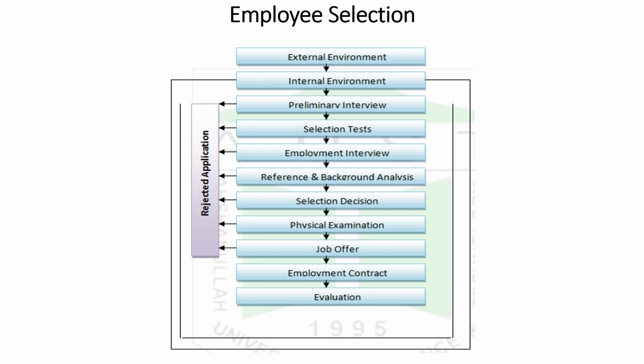You just miss the right candidate and you have taken the wrong candidate, because during the interview process many people will show you something else and they are something else. So the company should make sure that they have selected the right person for the right job. That is the evaluation of the selection process. So this is the whole process of employee selection.